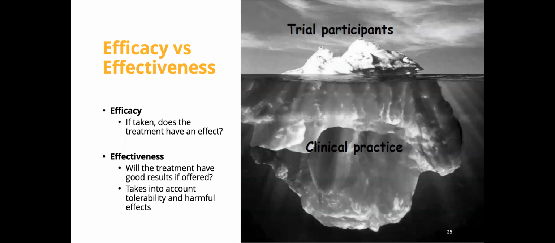And then clinical trials of effectiveness really study whether or not the treatment will have a good result in patients if it's offered to patients. So this means that you take into account tolerability and harmful effects of the medication, because if a patient takes a medication and they experience an adverse effect, they're not going to be adherent to the medication. So that's more captured in clinical trials of effectiveness.